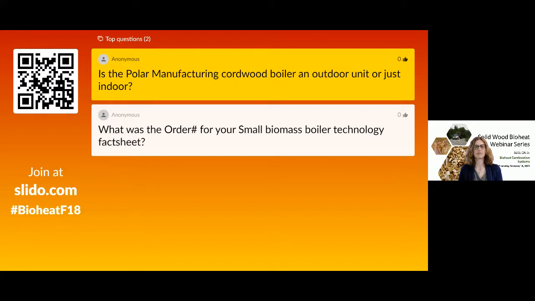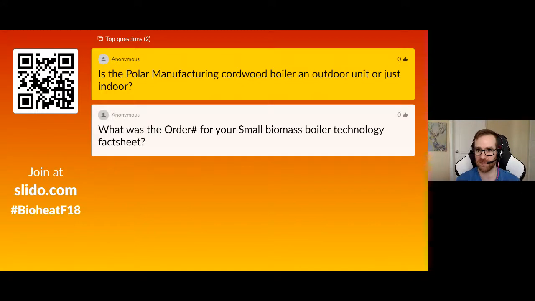But again, reloading it indoors was a bit of an issue for these units. Also, it's not really set up to be hooked up to a buffer tank, so you would have to modify the unit. Whenever you modify a CSA certified unit, you essentially void the certification. So I wouldn't really recommend using this unit if you want to modify it. Let's put it this way.